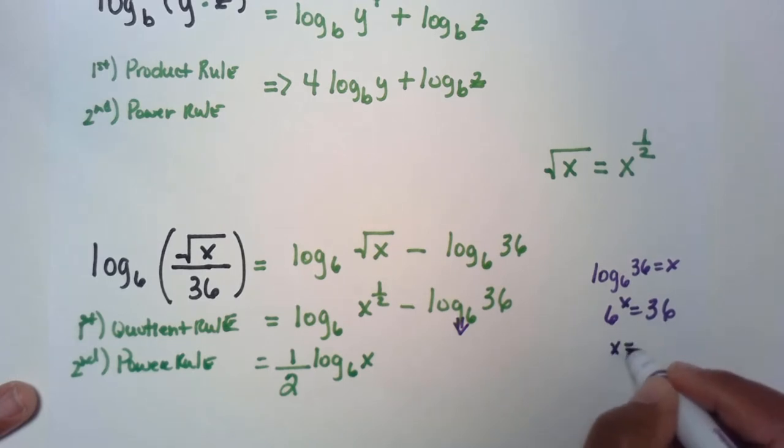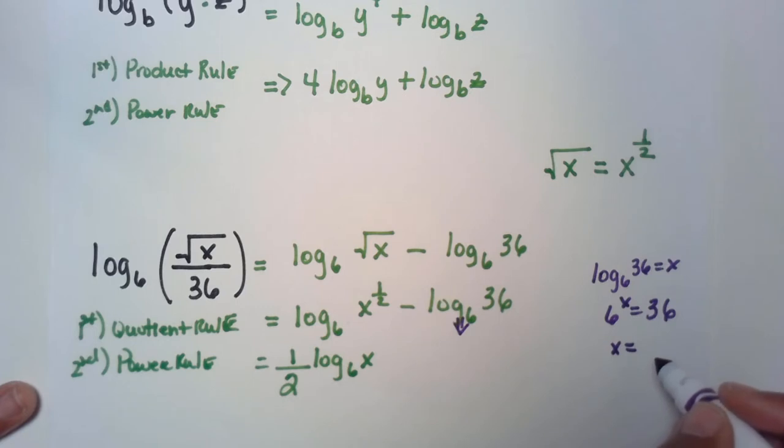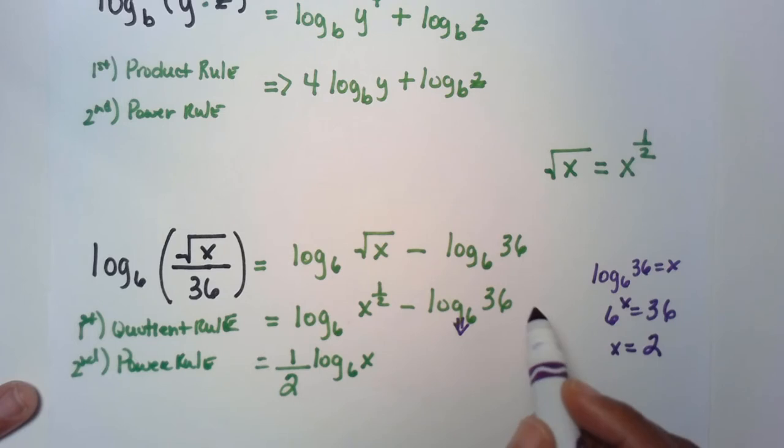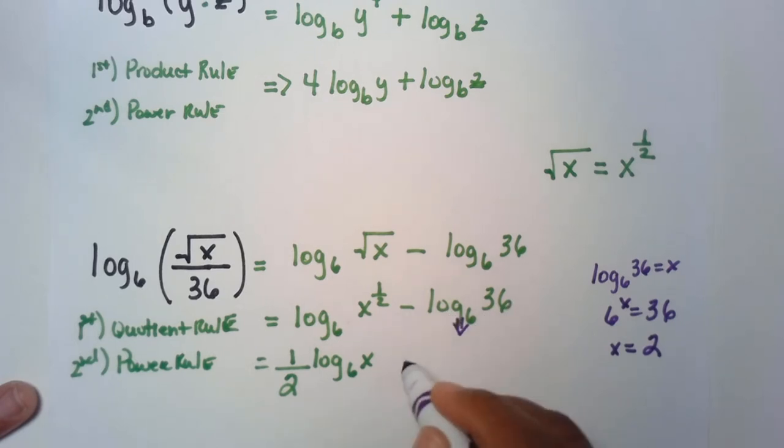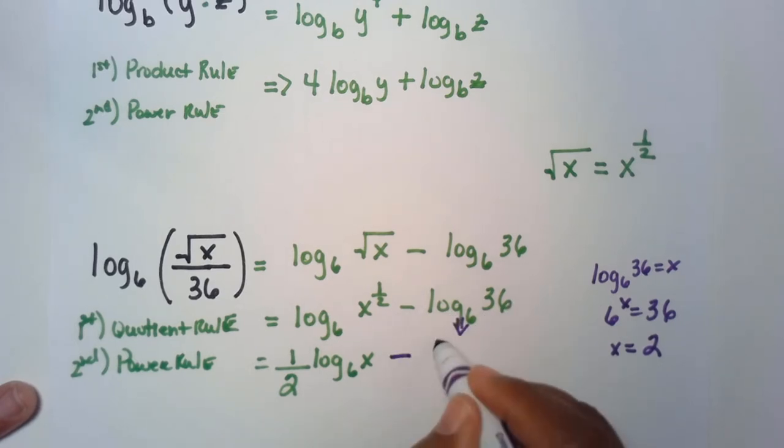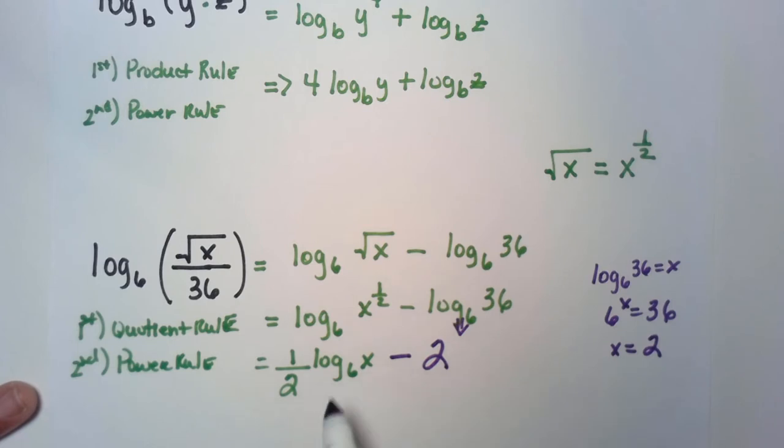My question to you is, what is x? That will be 2. So log base 6 of 36 gives us the solution of 2. So our answer here is 1/2 times log base 6 of x minus 2.